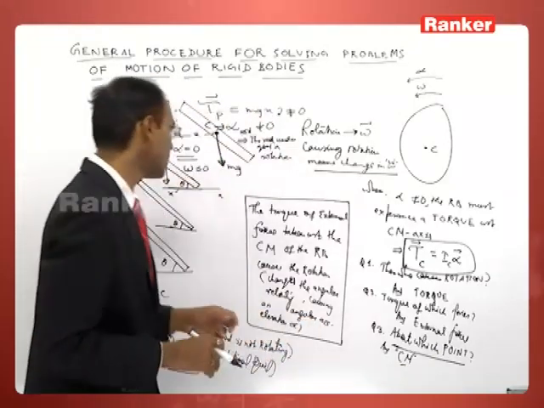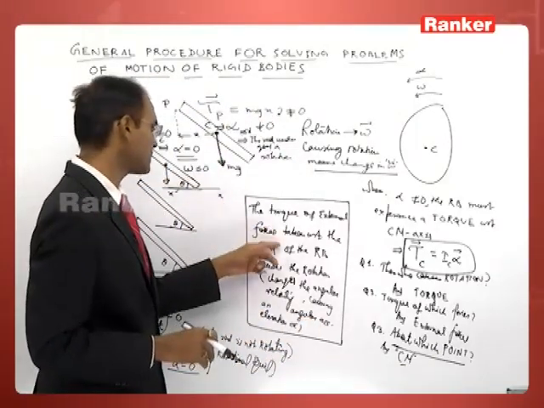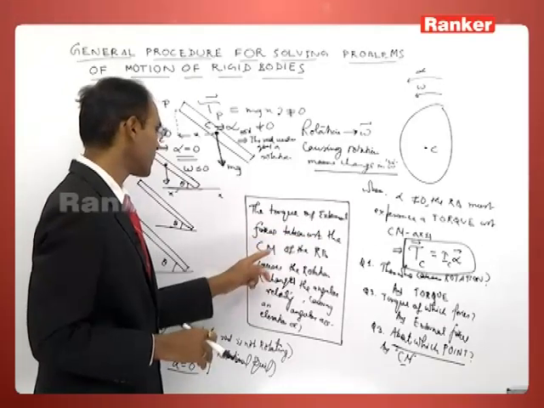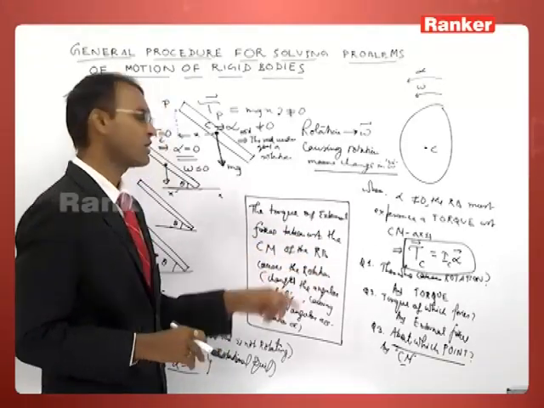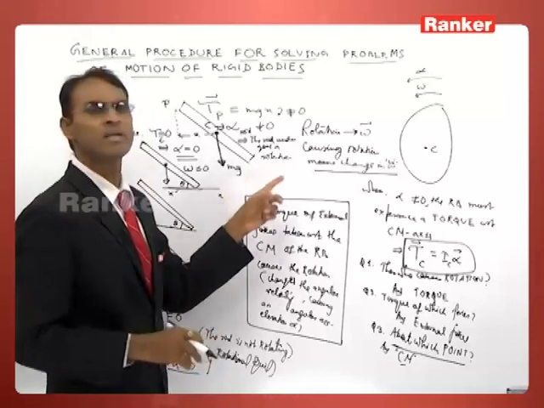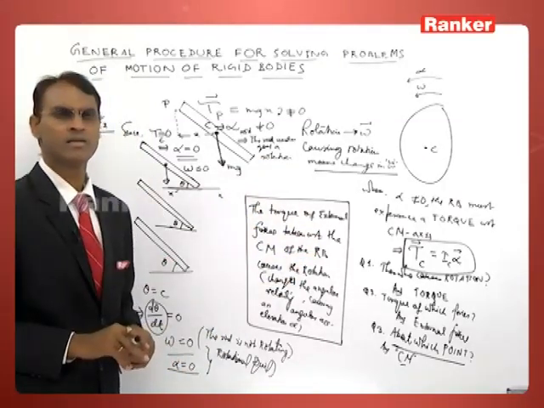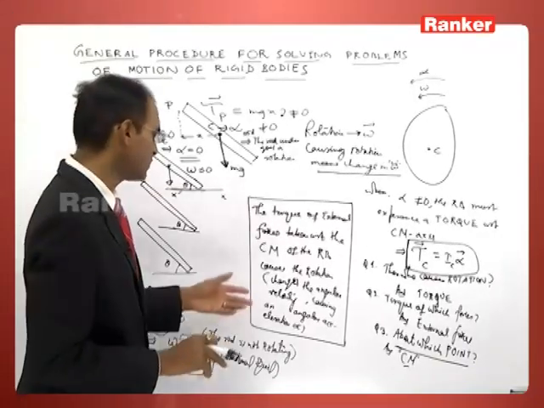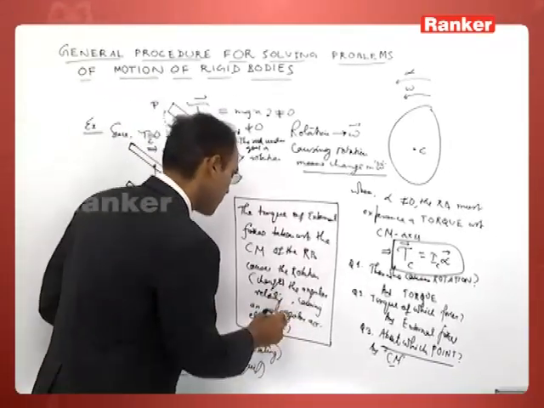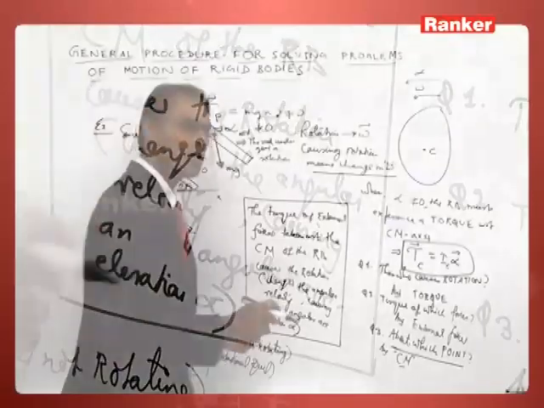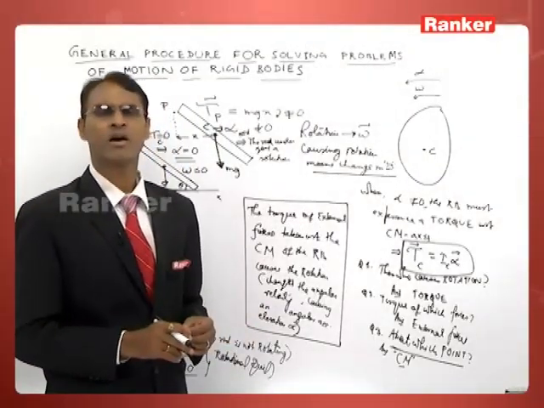So which causes rotation? The torque of external forces taken with respect to the center of mass of the rigid body causes the rotation. The cause of rotation is nothing but change in angular velocity, or causing an angular acceleration. So in this way, we can say the cause of rotation is the torque about the center of mass of the rigid body.